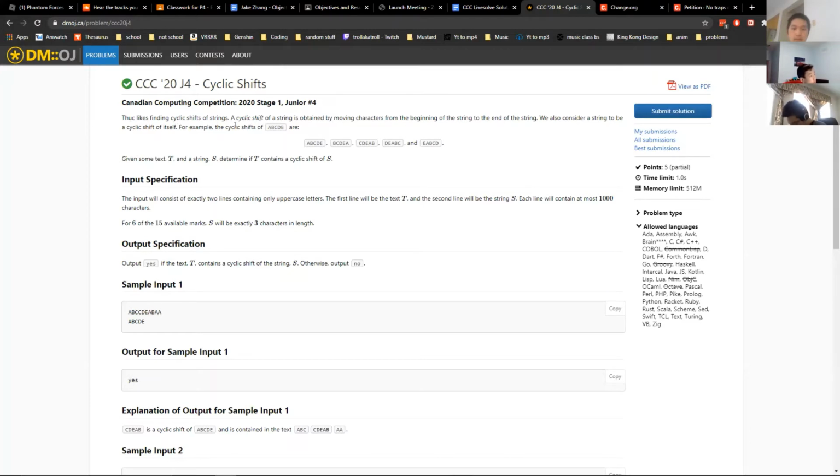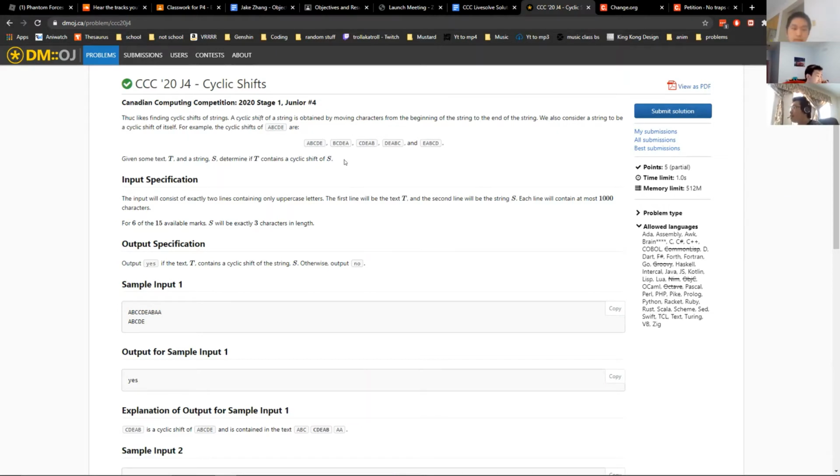For example, the cyclic shifts of ABCDE are ABCDE, BCDEA, which you get by moving the A to the back, and CDEAB, where you move the B to the back. You're just shifting the first letter to the back every time through these iterations, right? Given some text T and a string S, determine if T contains a cyclic shift of S.